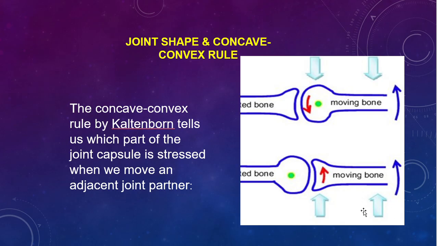Can you see the light blue arrow pointing on the concave bone? It's pushing upward, isn't it? And by the time the therapist finishes, the patient will also be able to move upward. So he said when you move a concave bone on a convex one, both the gliding of the therapist and the movement gain will be in the same direction. That's what is called the concave rule. When you move the convex bone, you get the convex rule. When you move the concave bone, you get the concave rule. Okay.